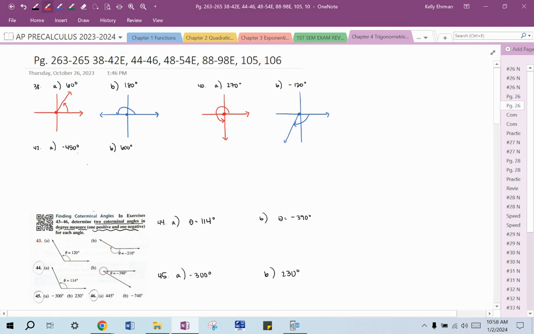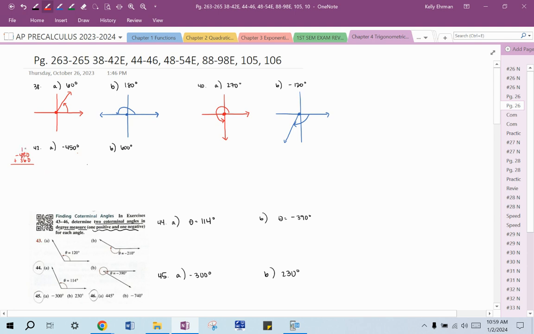Last couple here, negative 450. So both of these angles are more than one full rotation. So I need to figure out how much more, so that I can figure out how far to put the terminal side in. So negative 450, I'm going to add 360 to that.